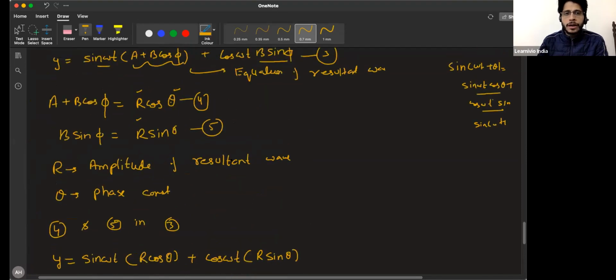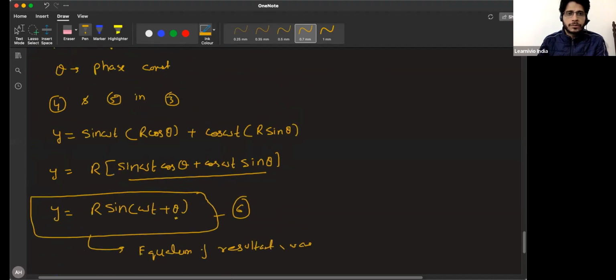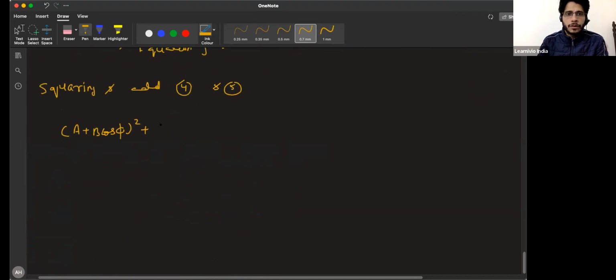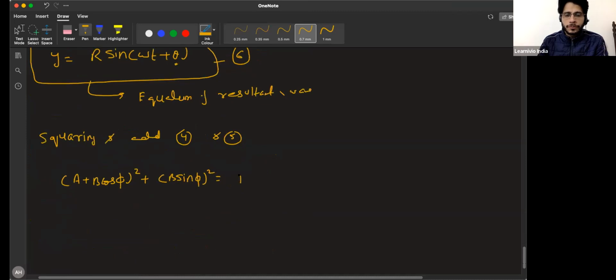When we square and add these two equations, we get (a plus b cos phi) whole square plus (b sin phi) whole square, which is (r cos theta) whole square plus (r sin theta) whole square.